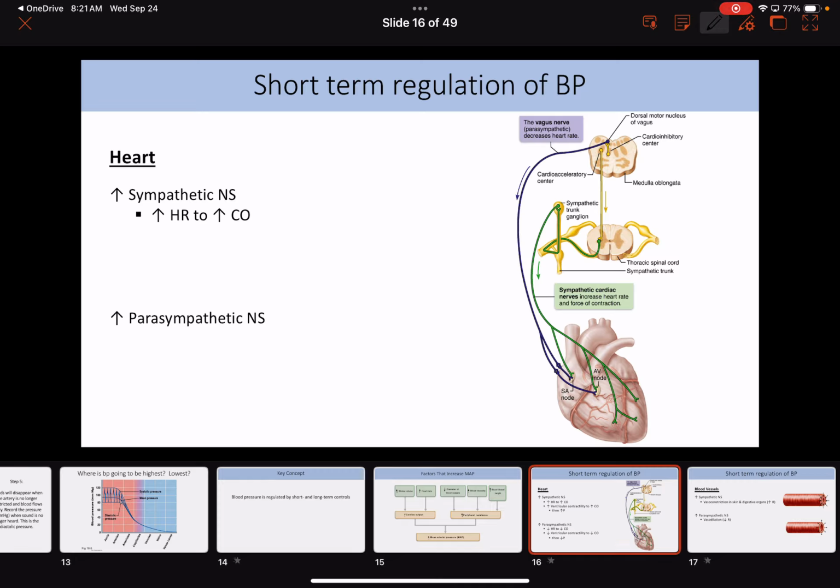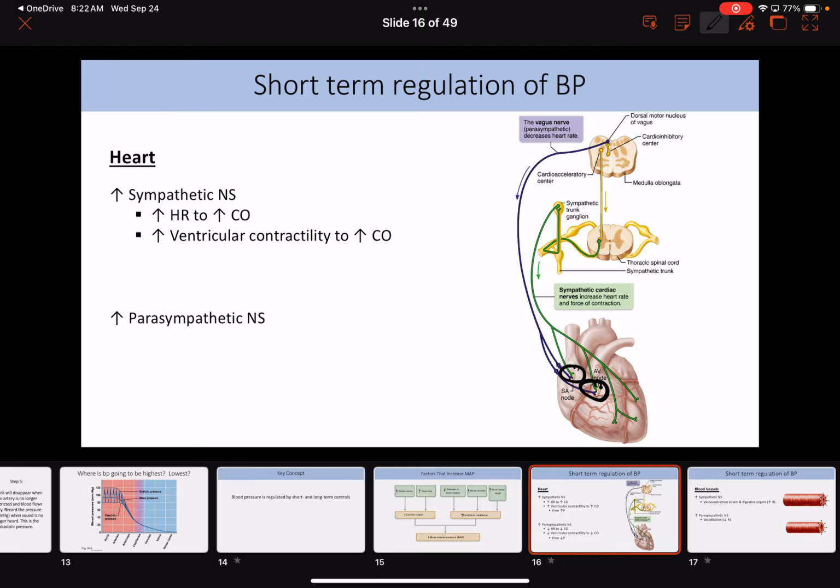Remember that your sympathetic nervous system has connections on the SA and AV node. At those locations, the epinephrine and norepinephrine, or the catecholamines, are going to make those pacemaker cells depolarize faster. And so then you're going to have a faster heart rate, which is going to increase cardiac output.